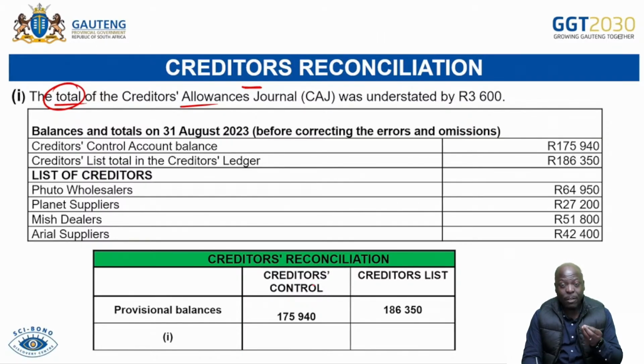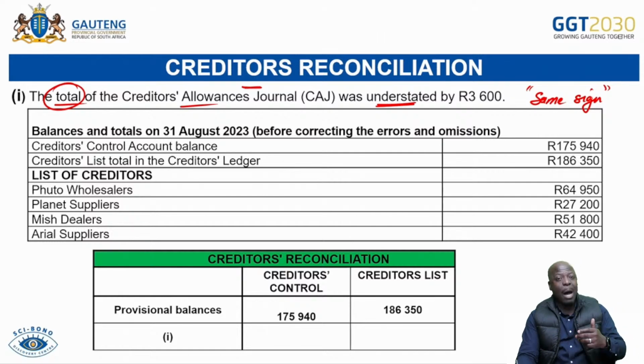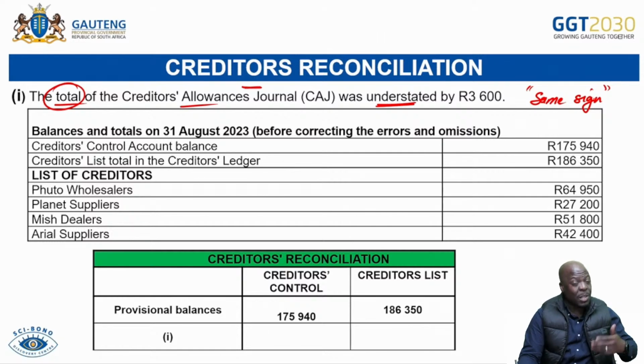But one of the things that is very key is, if an amount is understated, you record it with the same sign. If an amount is understated, you record it with the same sign.